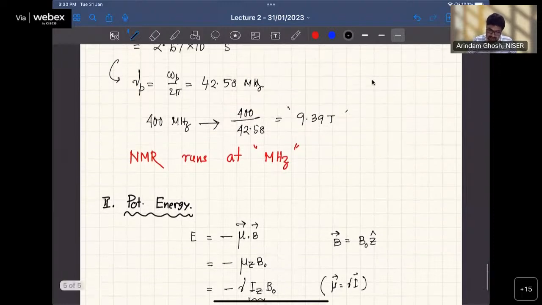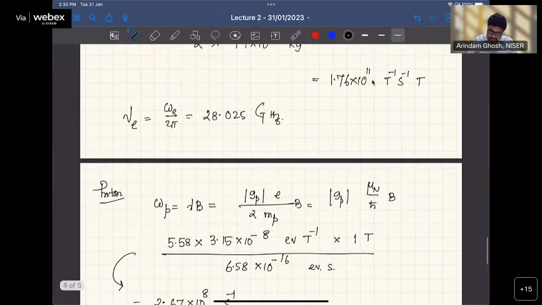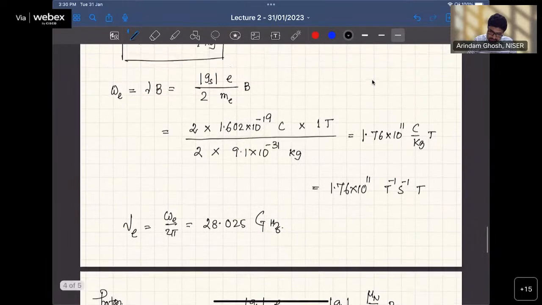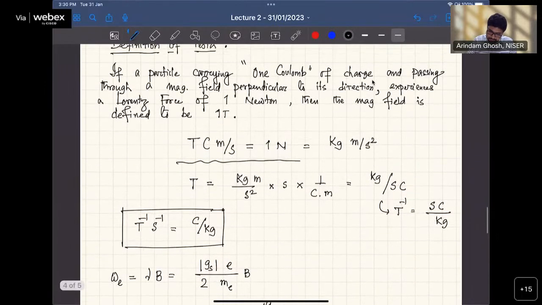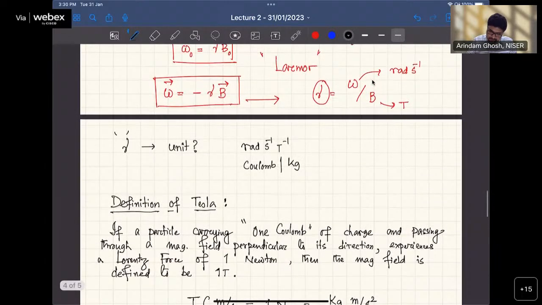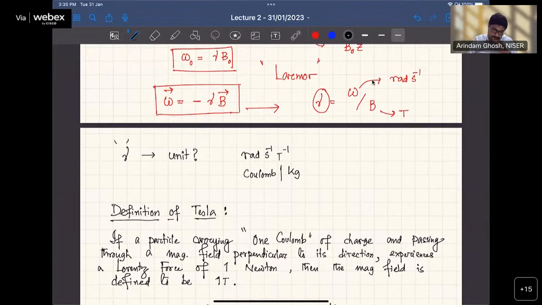But we have just learned that the magnitude of gamma multiplied by the magnitude of B is basically the Larmor frequency omega.